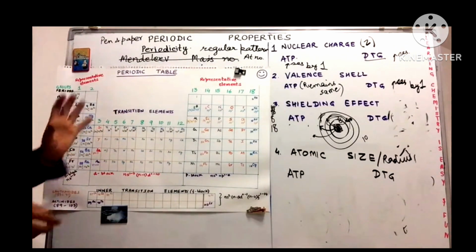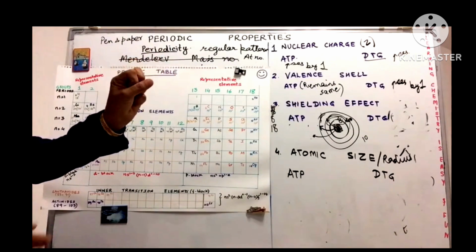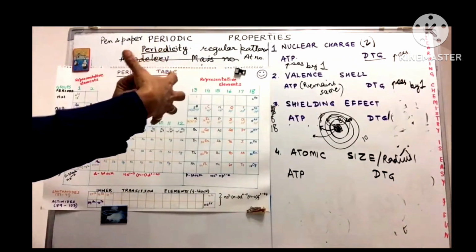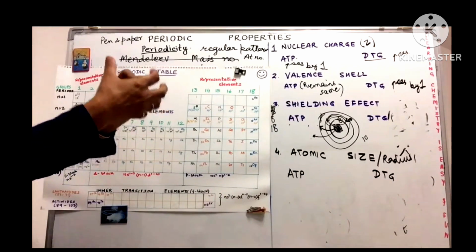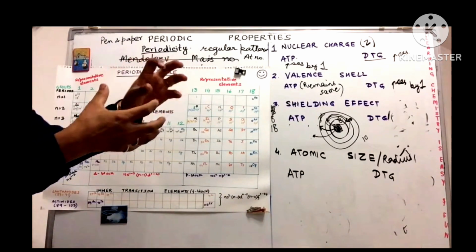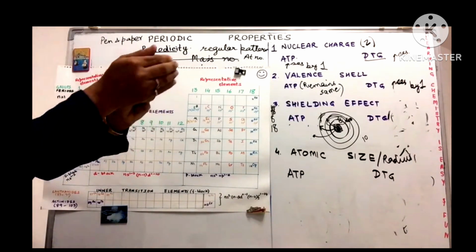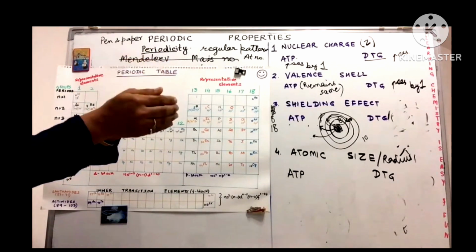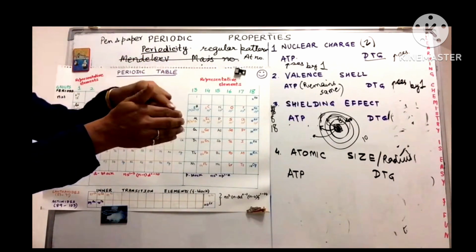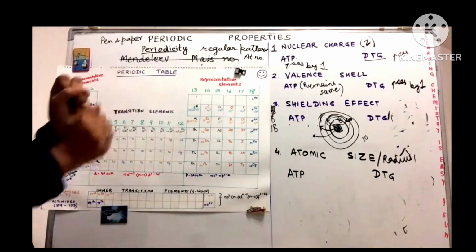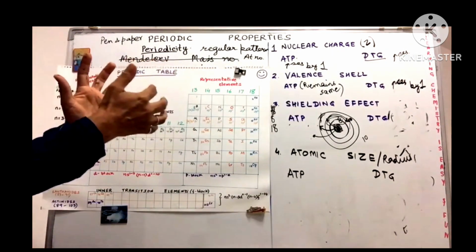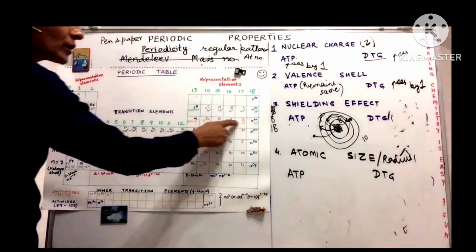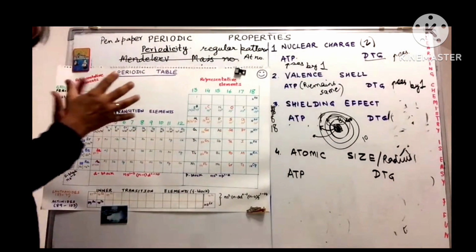So with the result, these protons are trying to pull the electrons towards themselves. Now, the number of protons is increasing, the number of electrons is increasing, yes, but at the same distance at every point. So what will happen to the size of the atom as you go across the period?